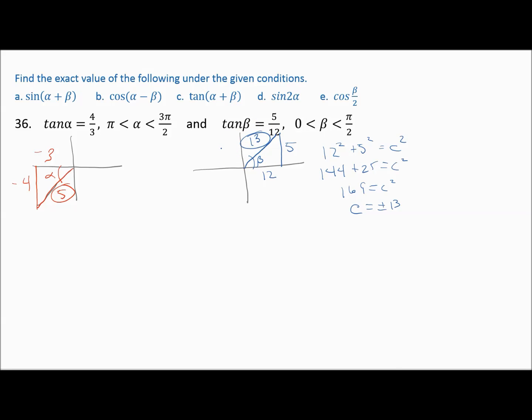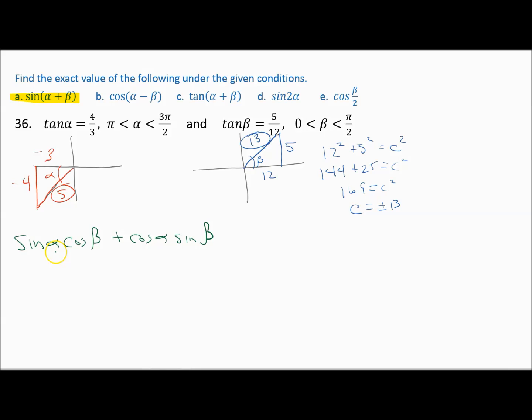Okay, so your r value is always positive. Now, let's actually start doing these problems. So I'm looking for a sine of alpha plus beta. The place to start is to write the equation for that. So that's sine of alpha cosine of beta plus cosine of alpha sine of beta. So remember, sine alternates and you keep the operation.